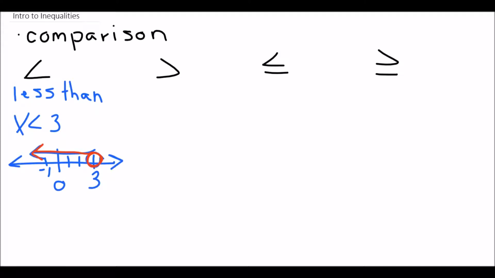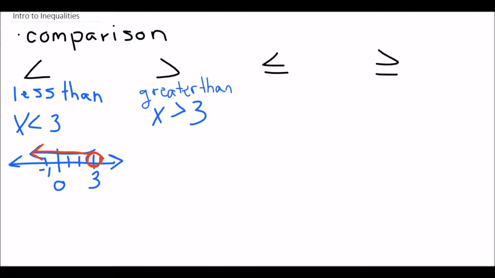All right, so our next one is greater than. Okay, and this is just x is greater than 3, just to use the same example. That's when we know something is not 3, but we know it's bigger than it. So maybe it's 4, maybe it's 500, maybe it's 3.0000001.